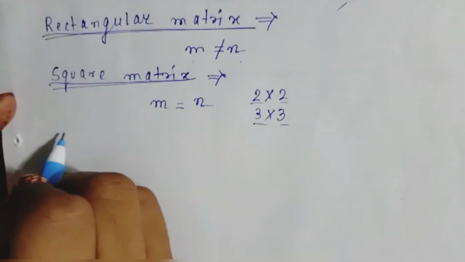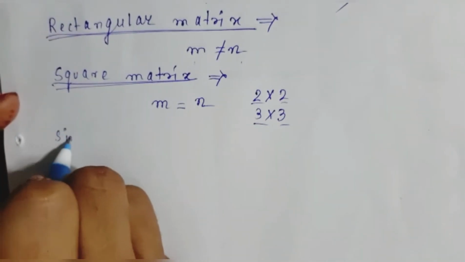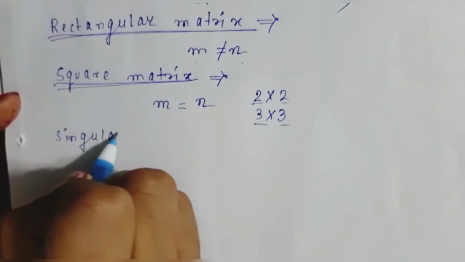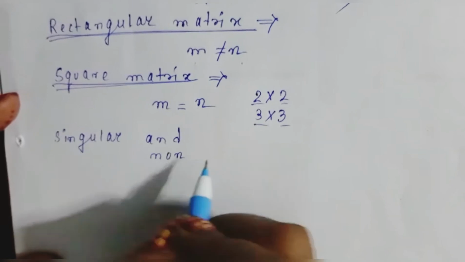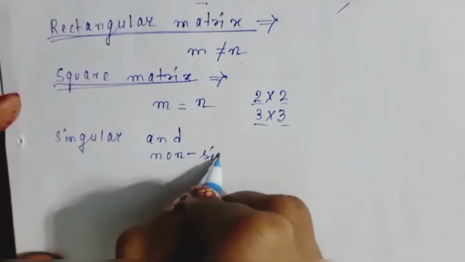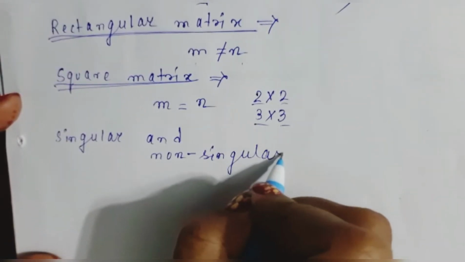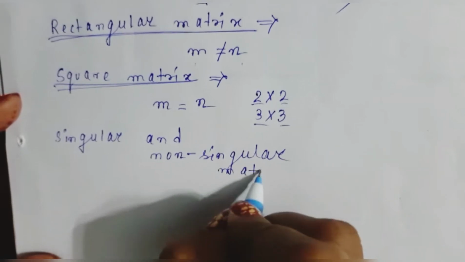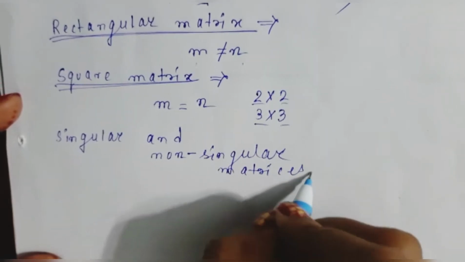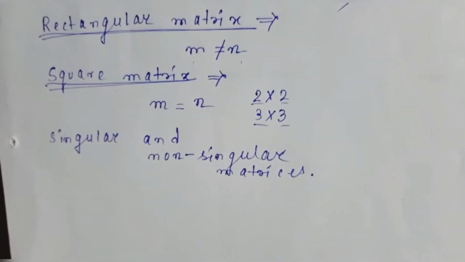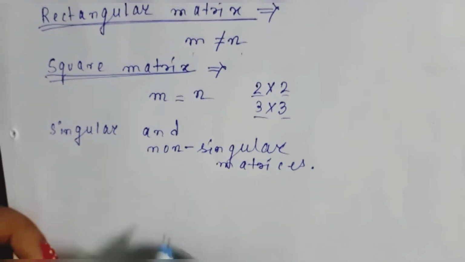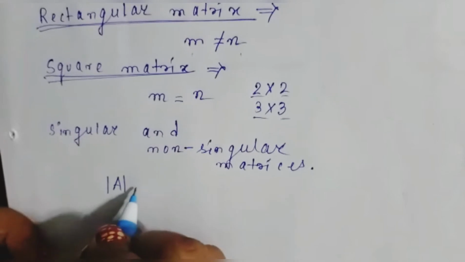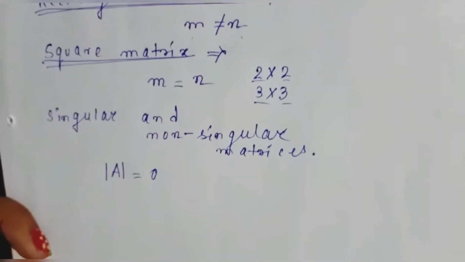Next are singular and non-singular matrices. A matrix is said to be singular when the determinant of A is equal to 0.